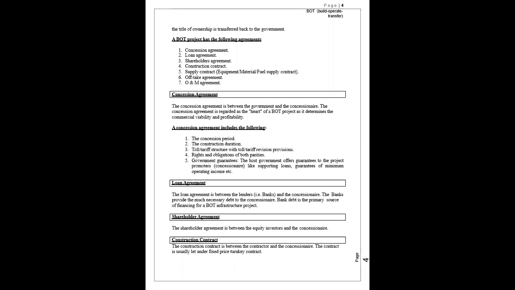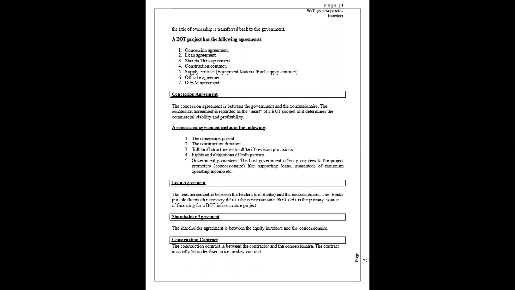And in that case, the government offers the guarantee: if this particular concession company will not repay, then the government is able to pay that loan. That is supporting loans.